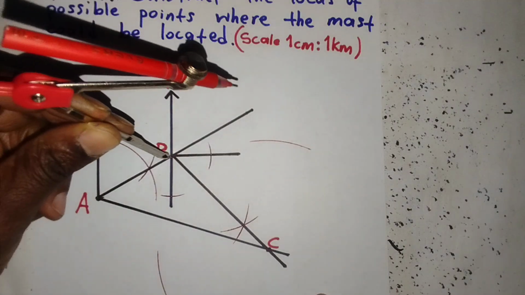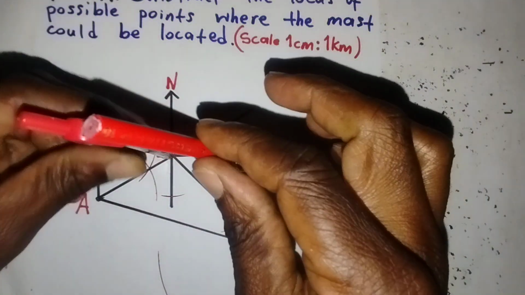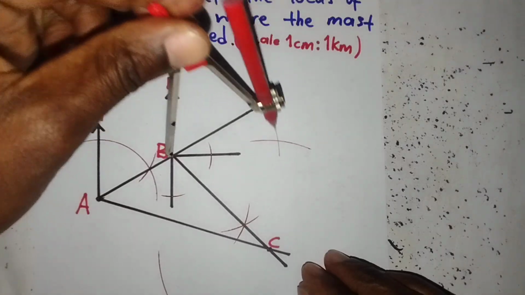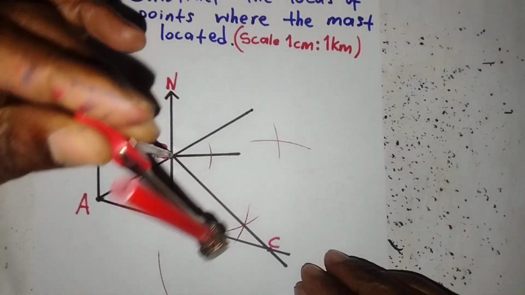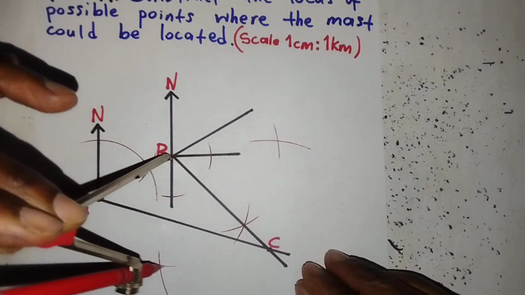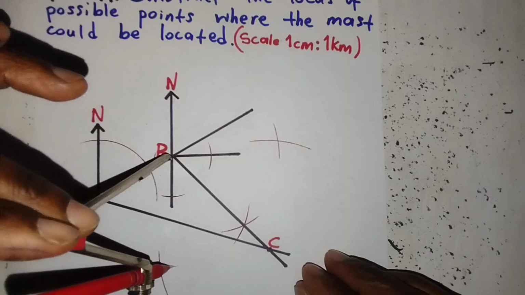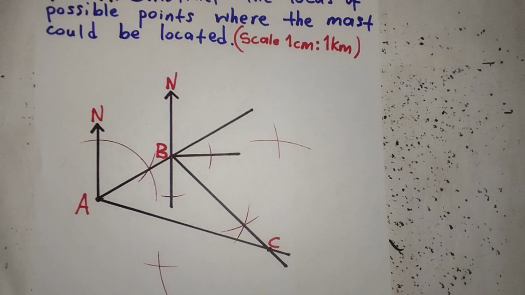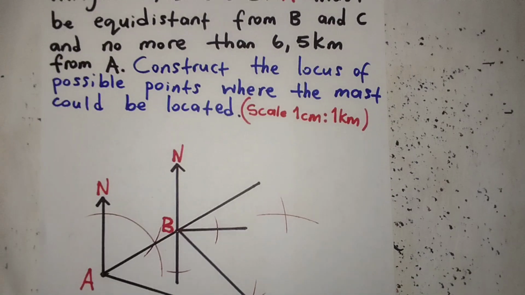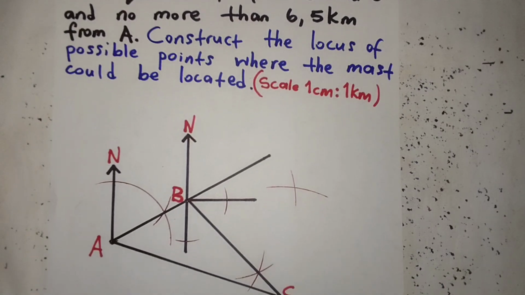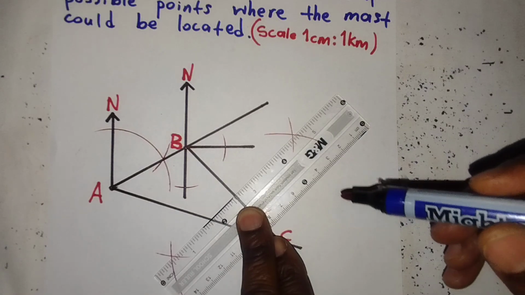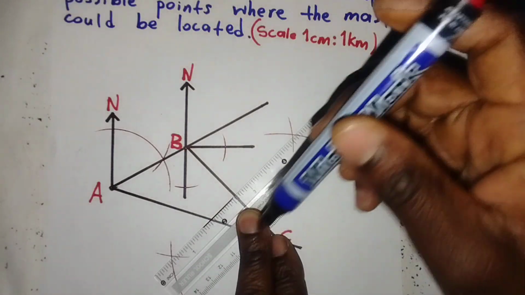Now, without changing the radius, with B as my center, I'll construct an arc which meets this one and then cuts also this one, so that I can draw the perpendicular bisector of B and C, so that I can satisfy the condition which said R must be equidistant from B and C. Now the next step is to join the points of intersection of the arcs.